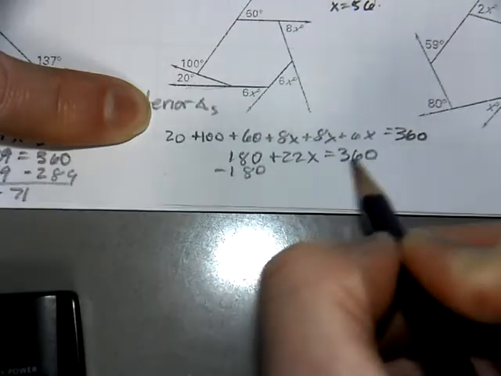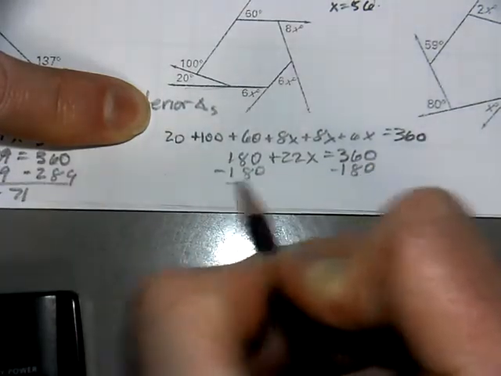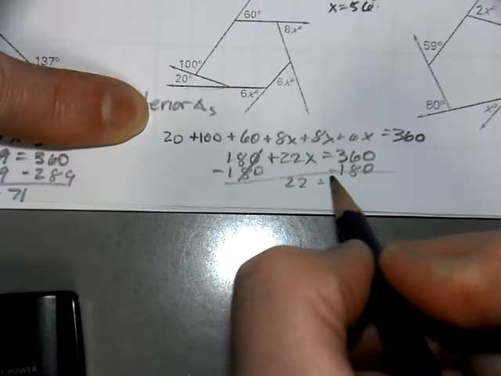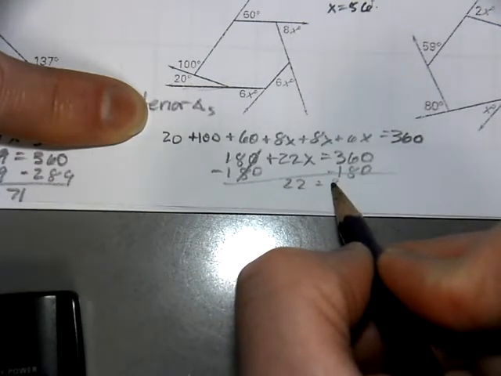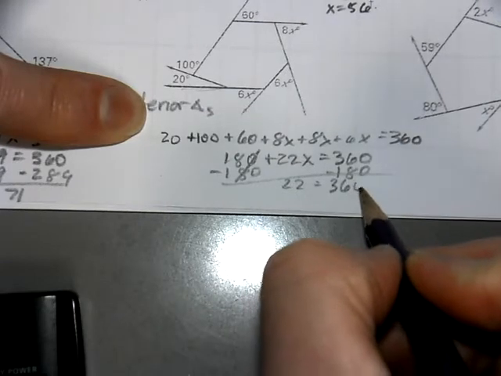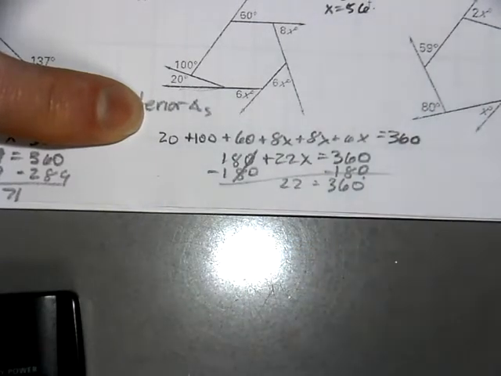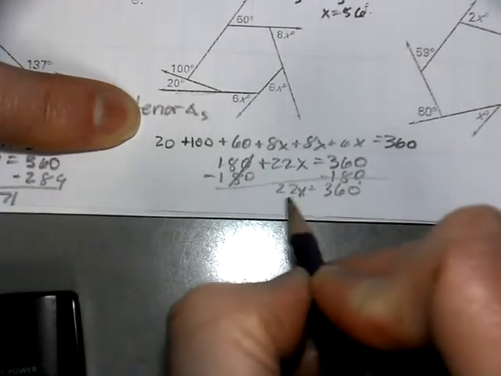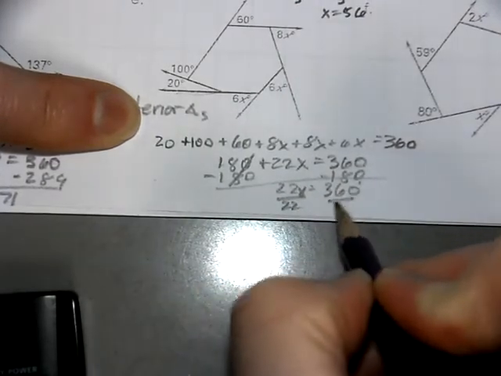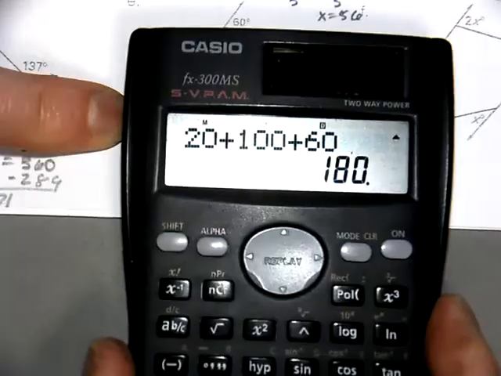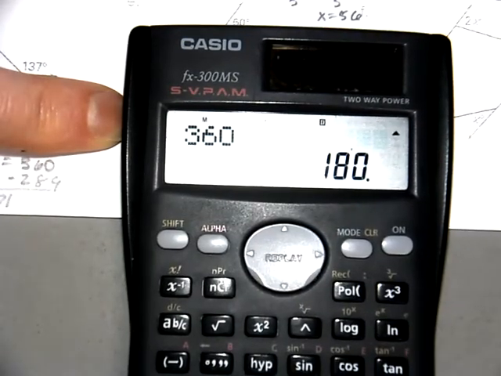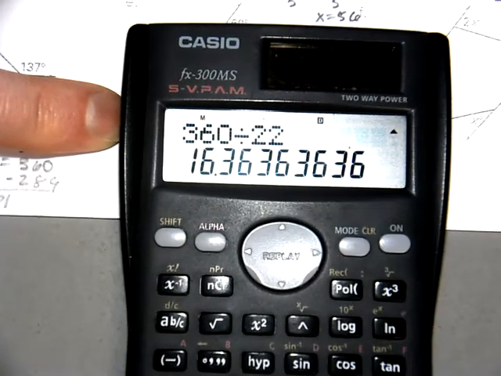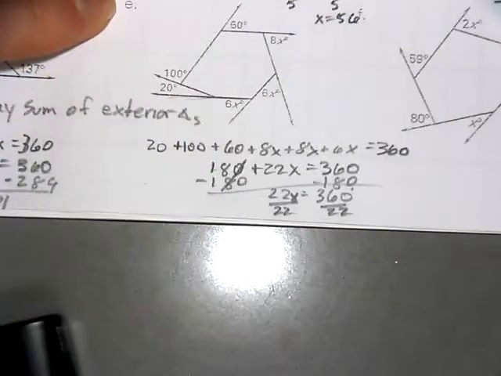Now we're going to subtract the 180. Well, that's pretty simple. And that would be 22x, by the way. We divide by 22. So 360 divided by 22 gives us 16.36.